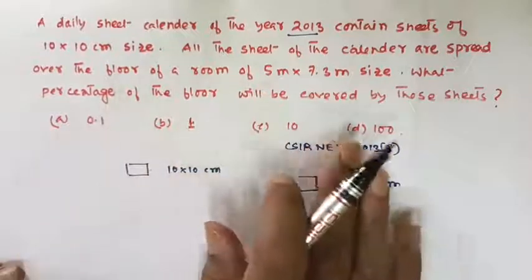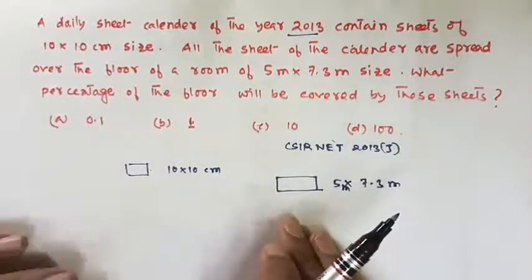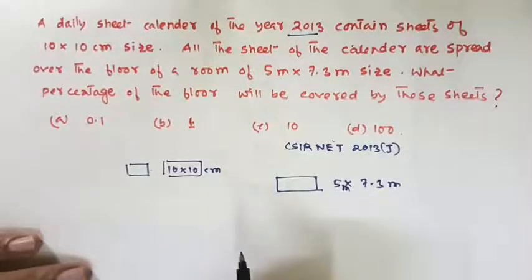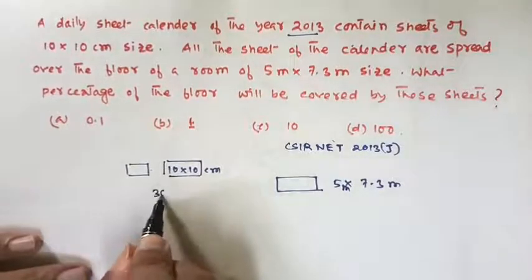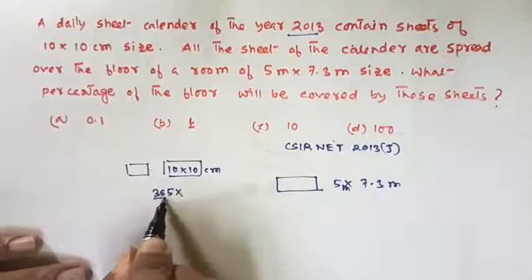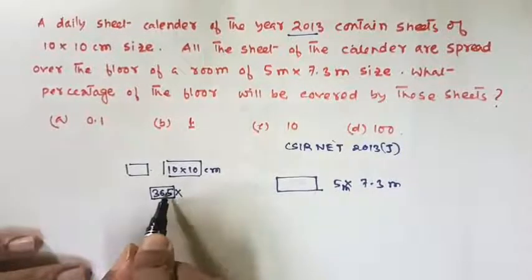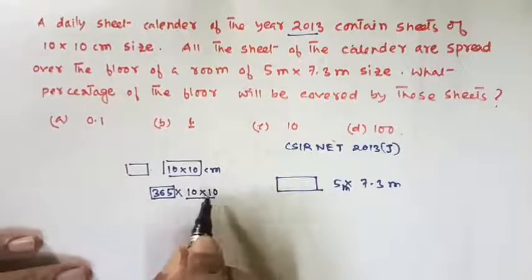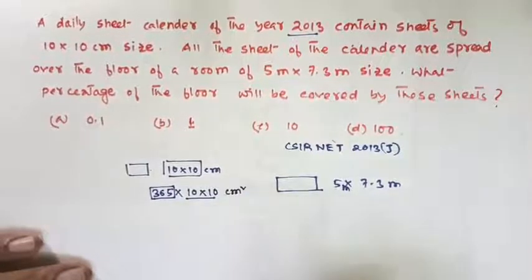Four options are given here. We have to find out first the total area of the daily sheets. The total area of the daily sheets will be 365 into 10 into 10, because in a year there will be 365 daily sheets in the calendar. So this would be the area, in centimeter square.